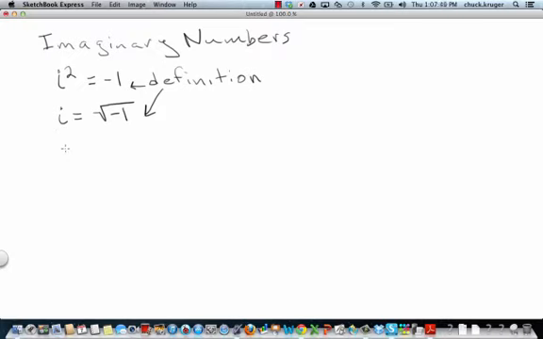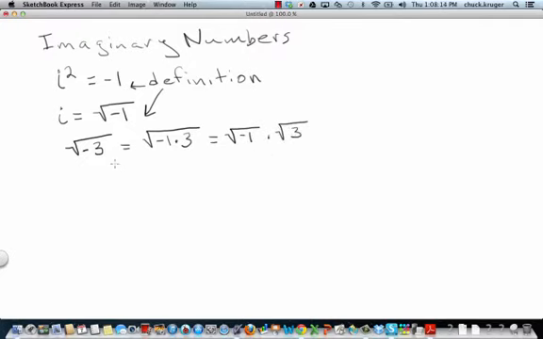All right, a couple of things. If I have the square root of negative 3, which we were never able to do before, but now that we've introduced i, we have a way to write this. First of all, this square root can be written as a product: the square root of negative 1 times 3. Then I can break this up as two square roots, the square root of negative 1 times the square root of 3.